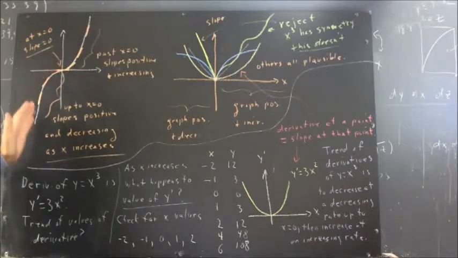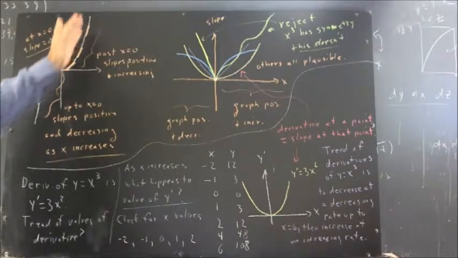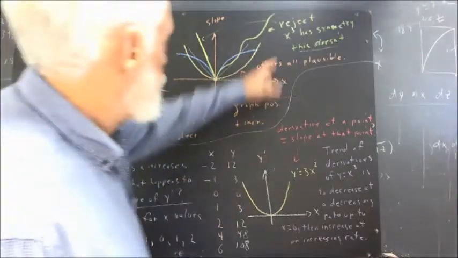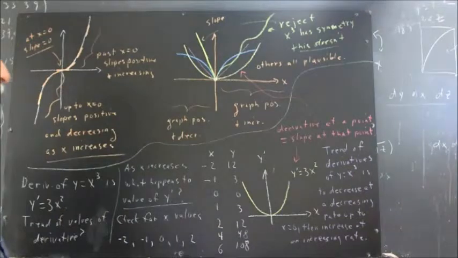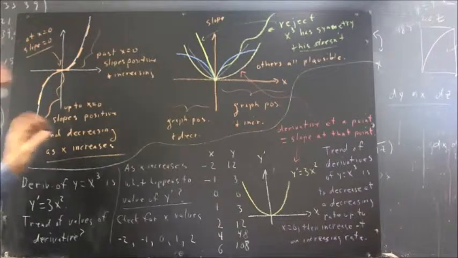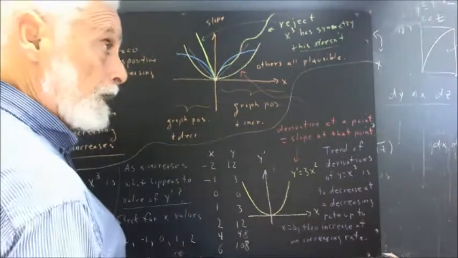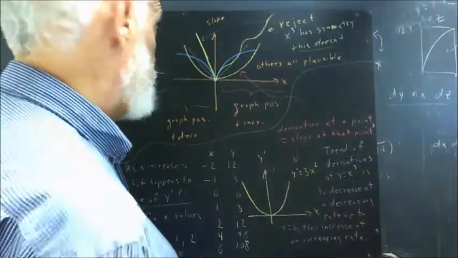And that's exactly what the slopes do. They decrease and then they increase. Now, we're going to reject this green graph. It's just too weird, but that's not why we're going to reject it. We're going to reject it because the x cubed graph has some symmetry. Now, it's a symmetry with respect to the origin, but we can see that these slopes are going to have a symmetry also. And just what the nature of that symmetry is, we don't have to analyze right now, but we know there's going to be symmetry of some kind on both sides, from one side of the y-axis to the other.